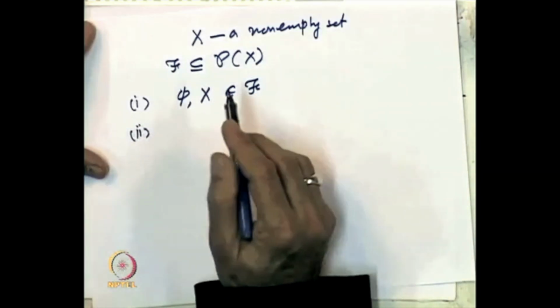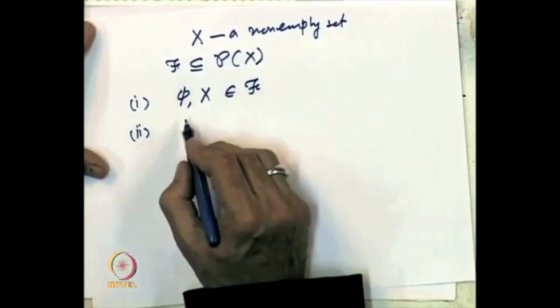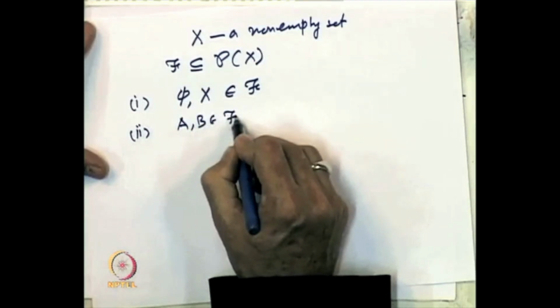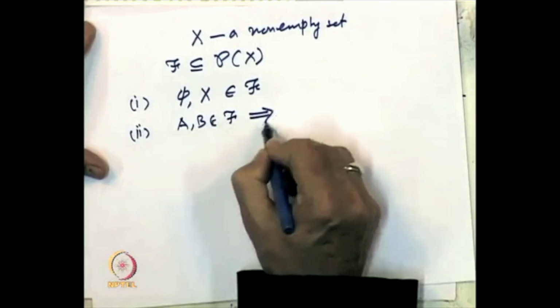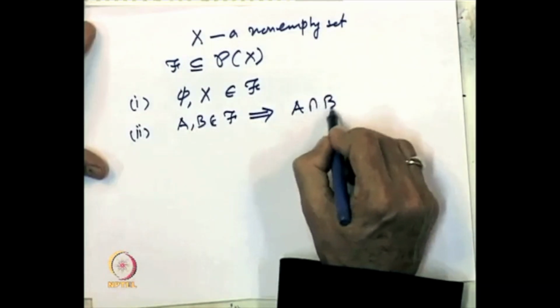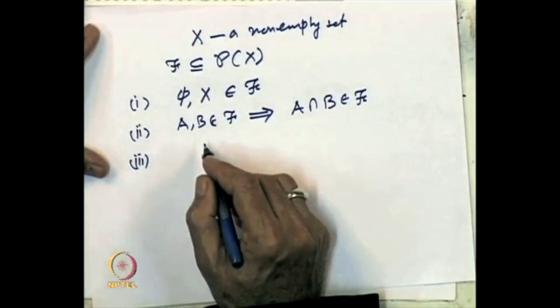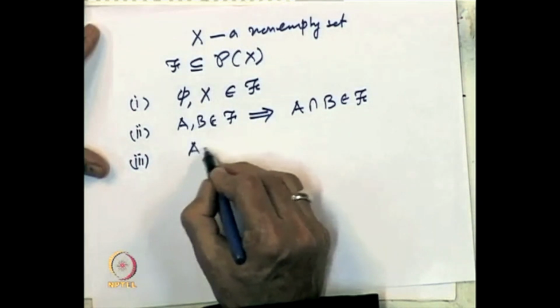And secondly, we are going to look at the intersection property. If A and B belong to F, then their intersection also belongs to F.